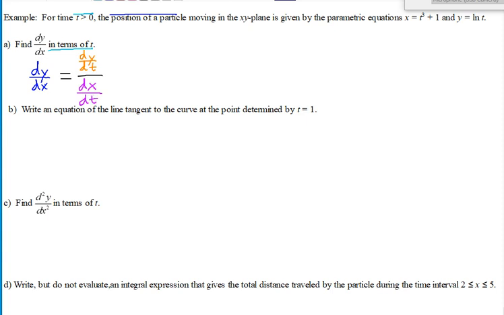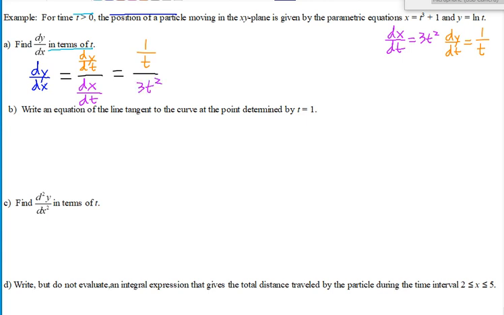Notice here they are written as x equals, y equals, not function notation. So dy/dt will be the derivative of natural log of t, which is 1 over t, and dx/dt, the derivative of t cubed plus 1, is 3t squared. So we can put those in here. dy/dt is 1 over t divided by dx/dt, which is 3t squared.